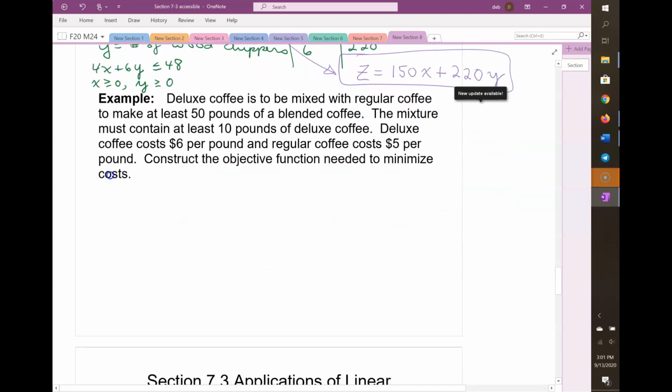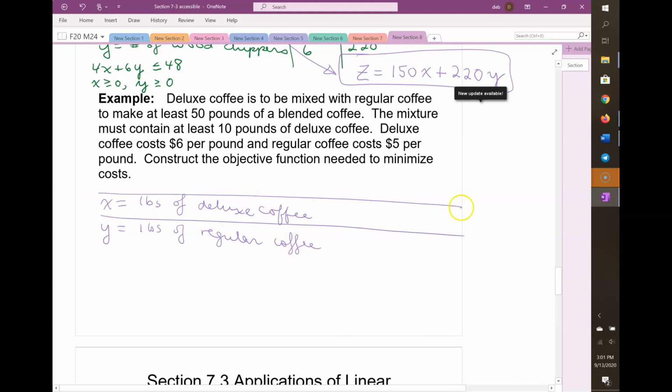Okay, so let's look at this coffee example again, where we had x equals pounds of deluxe coffee and y equaled pounds of regular coffee.